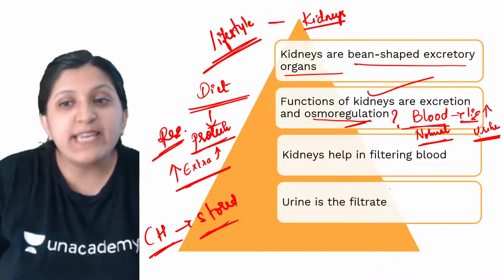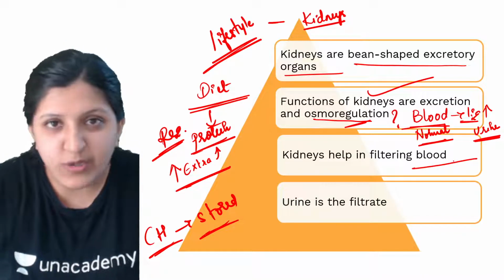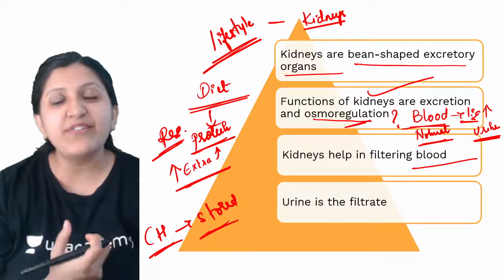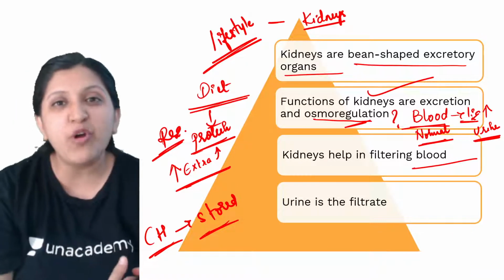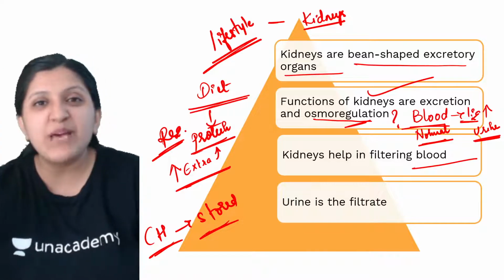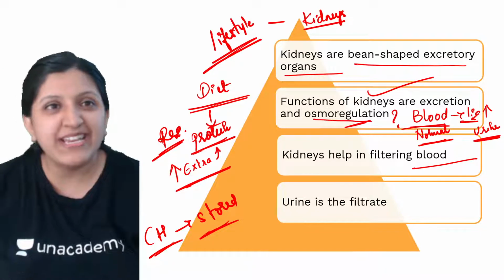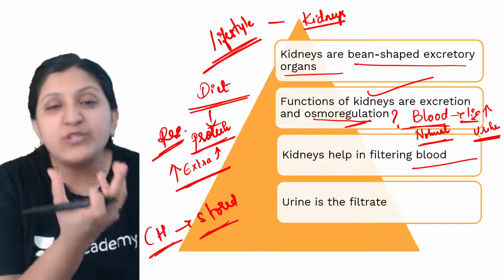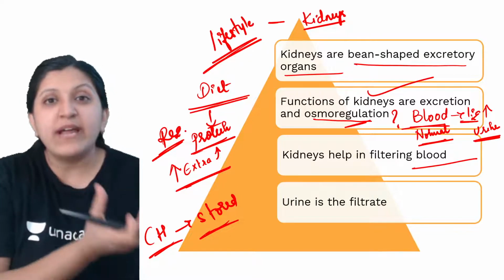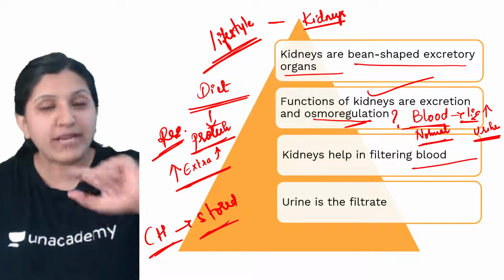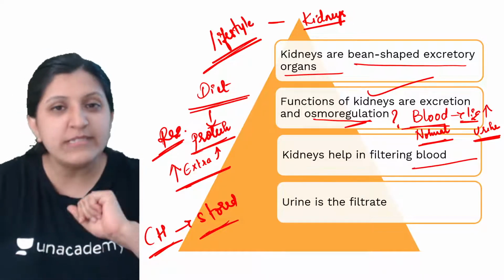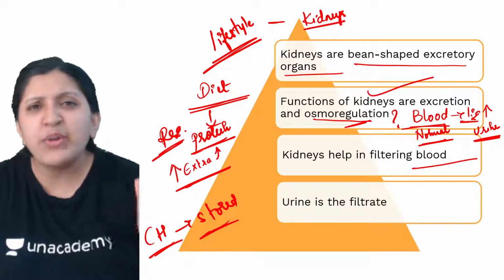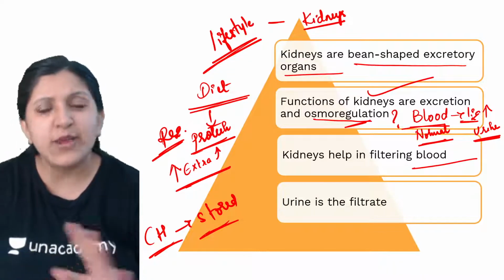So kidneys help in filtering the blood. That is where the filtration occurs. Blood is getting filtered, and only from blood is urine formation occurring. It is not that some new liquid is created in our body. Blood itself is getting filtered, and the waste product in the blood is the urine, but there is no RBC, no WBC, no platelets. It is the plasma part with all the unwanted things like waste materials.